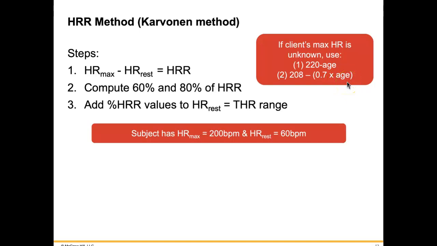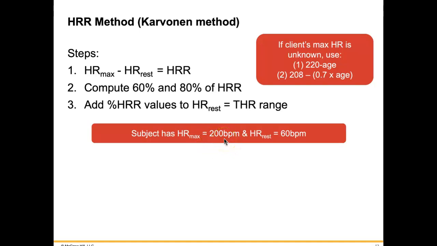And there is some error associated with these max heart rate calculations. They are going to be about 10 to 11 beats per minute higher or lower than what they actually are. Anyway, we do happen to have our max heart rate for this person.